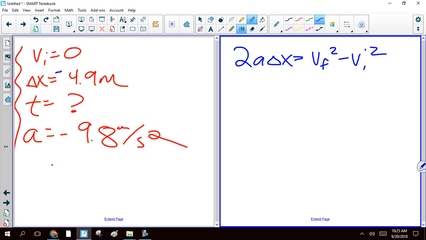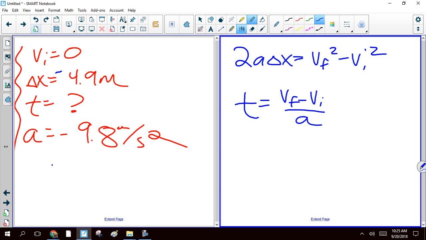What's the square root of 9, for example? Plus or minus 3. So take your square root and then decide if it should be positive or negative. You'll be able to figure it out from the context of the problem. If it's going up, it's positive. If it's coming down, it's negative. Then, once you've got your VF, you can find your time by using this equation.